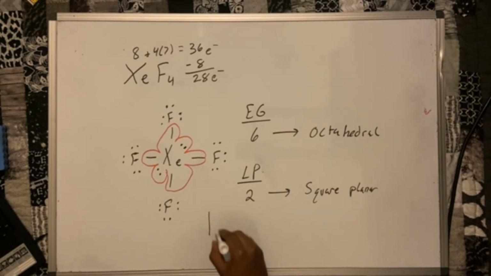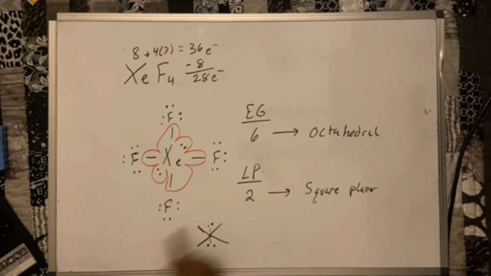We had our octahedral looking thing, with the middle and the ends being atoms. Then two of the positions became lone pairs, one above and one below.